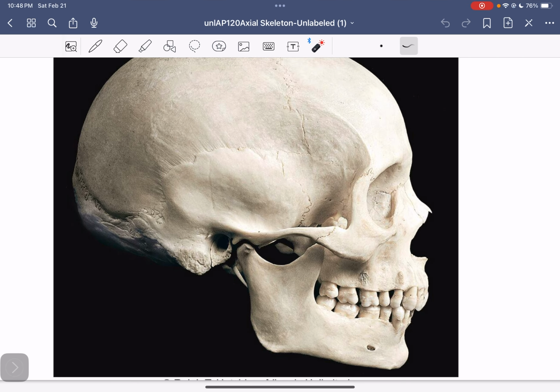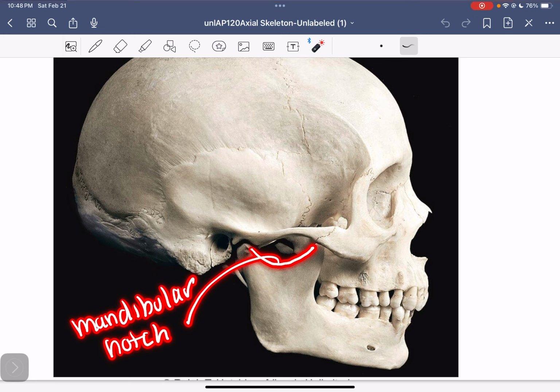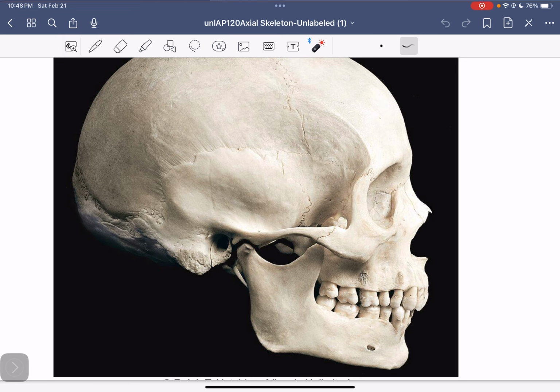You can also appreciate, let's take a look at the mandible, right? So this specific structure is called the mandibular notch. It's sitting in between two bumps. So we'll talk about this one first.